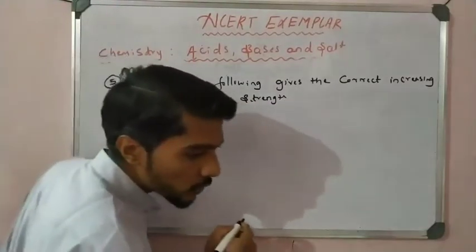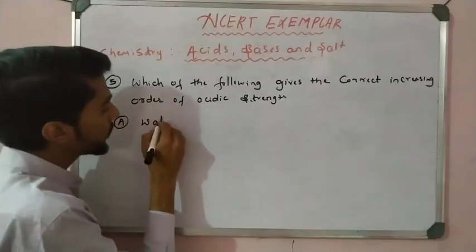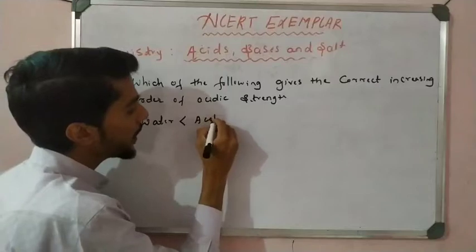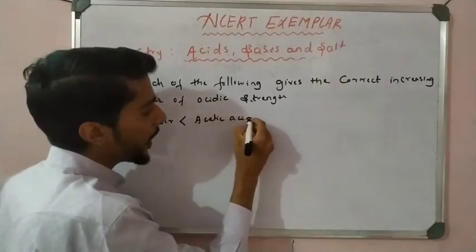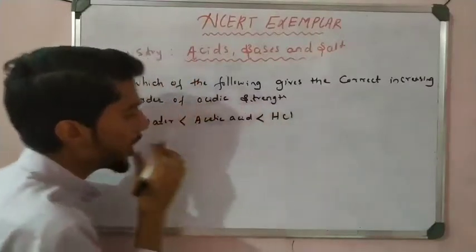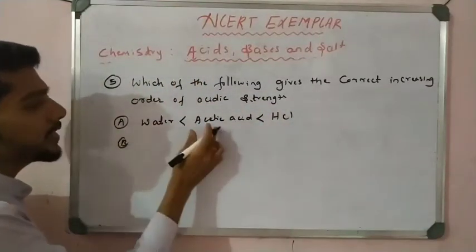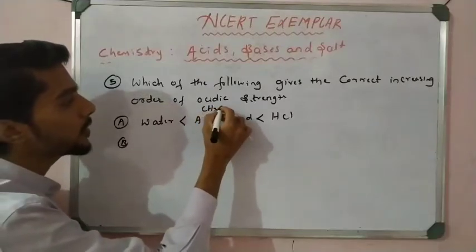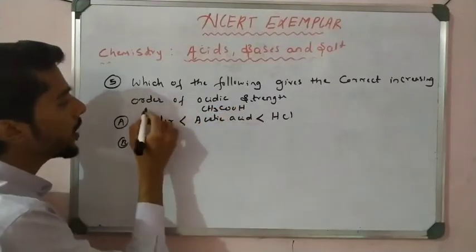See here, the first option: water is less acidic than acetic acid, and acetic acid is less acidic than hydrochloric acid, HCl. Acetic acid, remember, is CH3COOH, and water is H2O.